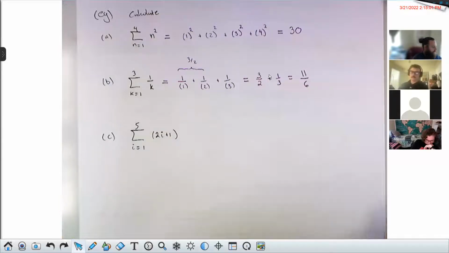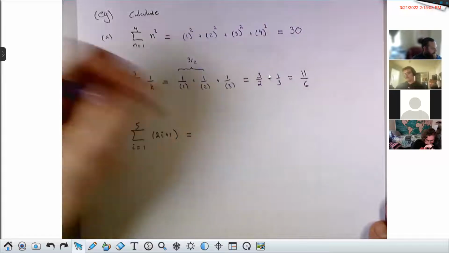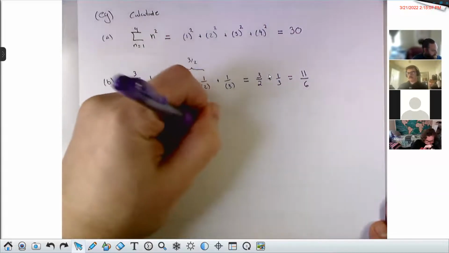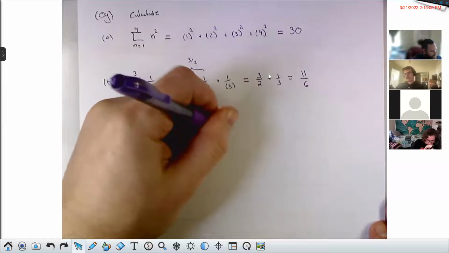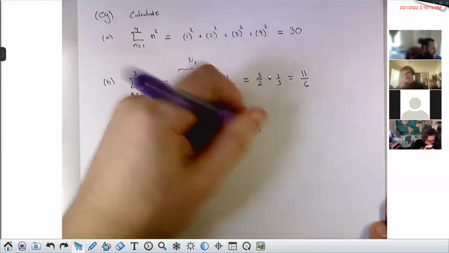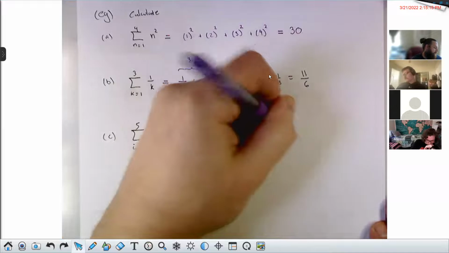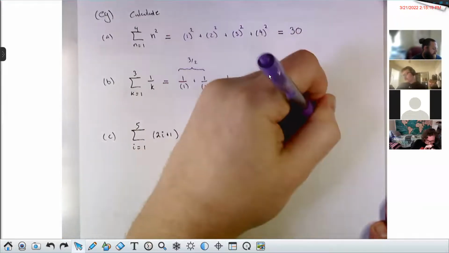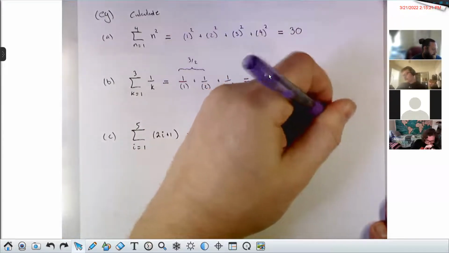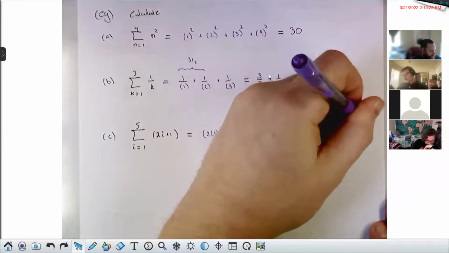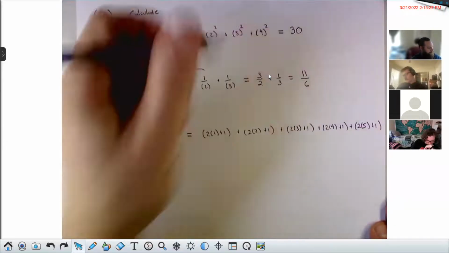And then the last one is the sum from i equals 1 to 5 of 2i plus 1. So that's 2 times 1 plus 1, plus 2 times 2 plus 1, plus 2 times 3 plus 1, plus 2 times 4 plus 1. I'm almost out of space. Plus 2 times 5 plus 1.